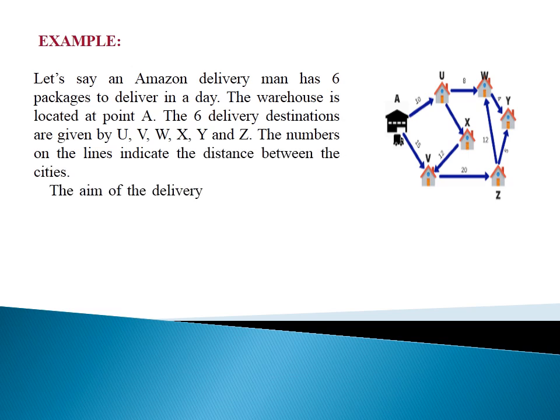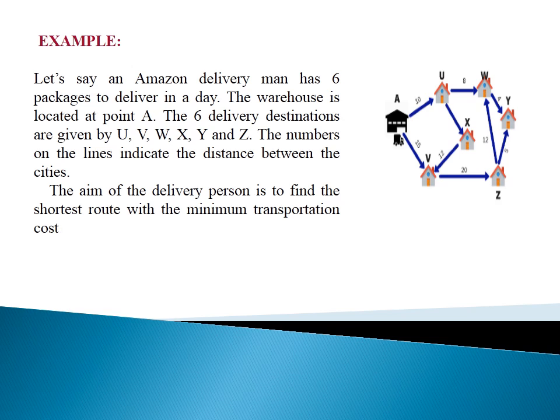The aim of the delivery person is to find the shortest route with the minimum transportation cost. Hence, the delivery person will calculate the different routes for going through all the 6 destinations and then come up with the shortest route.